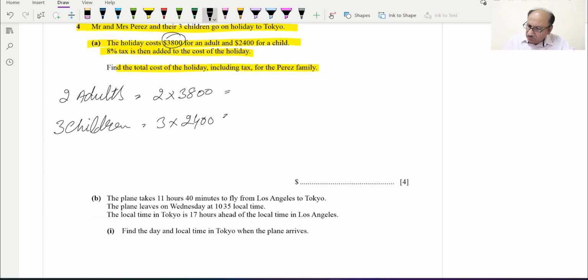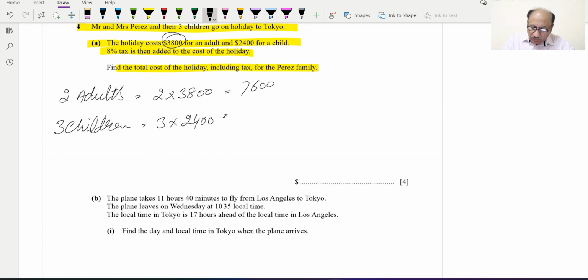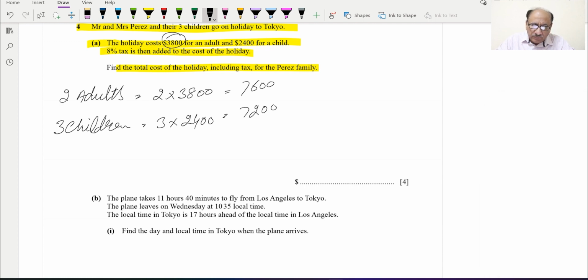Here 2 multiplied by 3,800 will give us 7,600, and then 3 multiplied by 2,400 is 7,200.